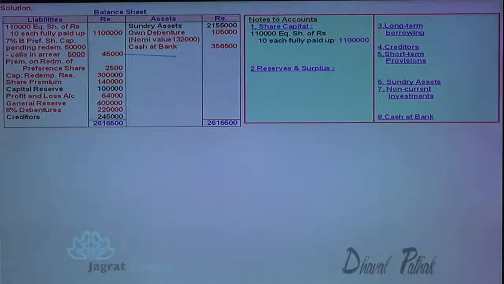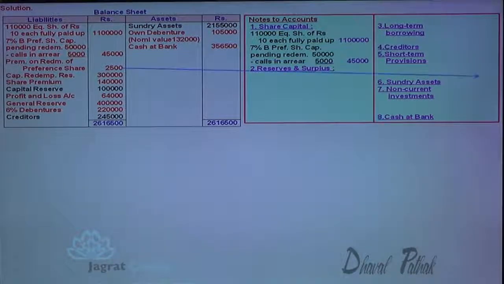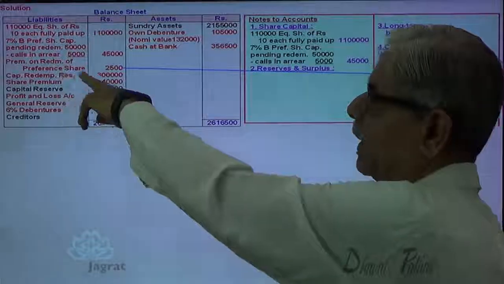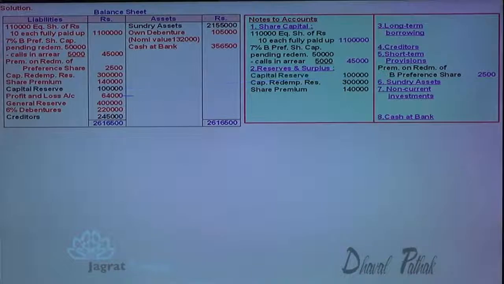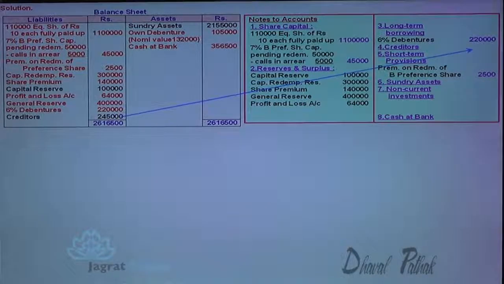Equity share capital, preference share capital. Remember, this premium on redemption of preference shares is a short-term provision. Capital redemption reserve, security premium, capital reserve, profit and loss account, general reserve will come up above it. 6% debentures 2,20,000, creditors 2,45,000.